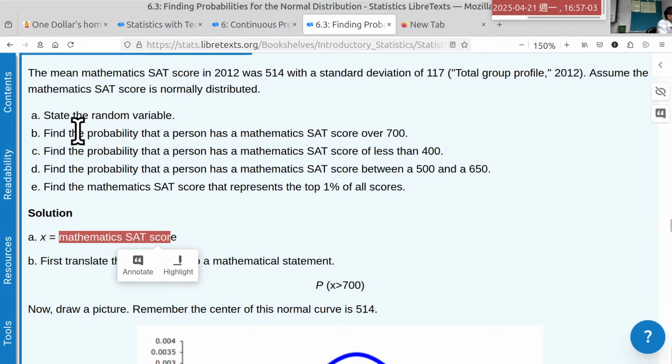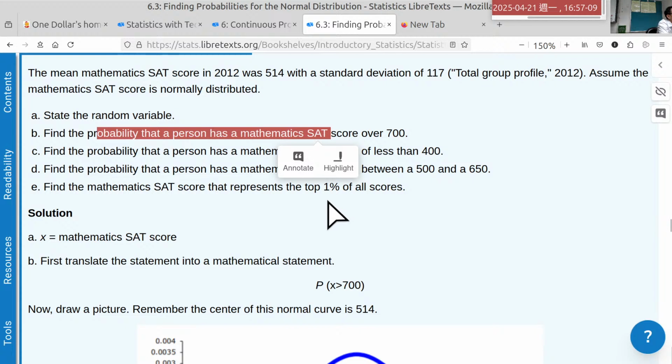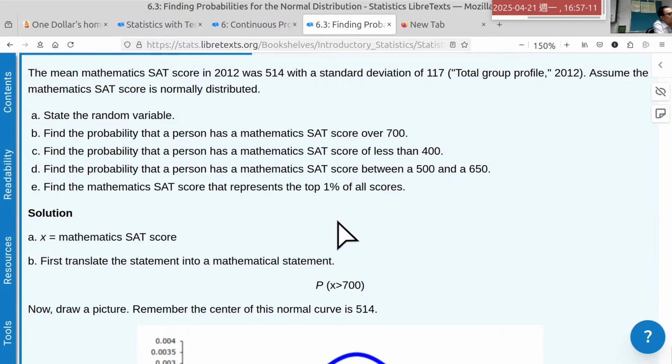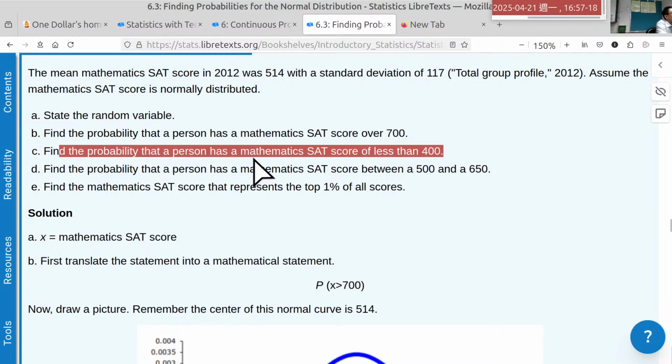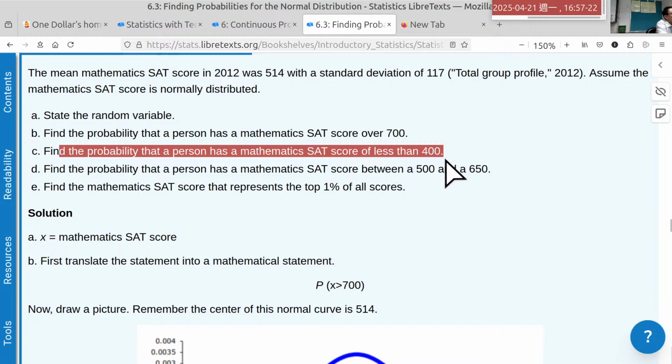Second question, find the probability that a person has a mathematics SAT score over 700. Then, find the probability that a person has a mathematics SAT score of less than 700.